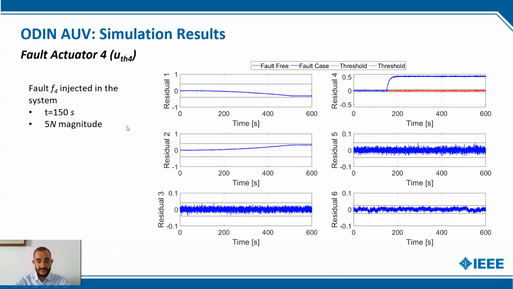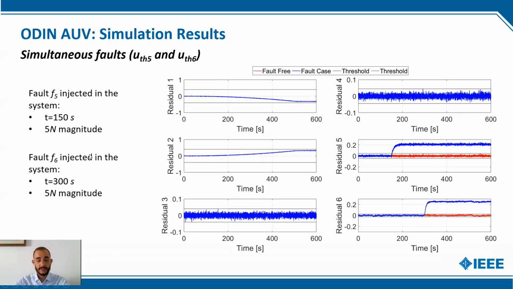In this simulation, instead, a fault on the fourth actuator is presented. Indeed, as you can see, only residual 4 exceeds the threshold, while the other residuals' behavior coincides with the one of the fault-free case. Lastly, a simultaneous fault scenario is presented.